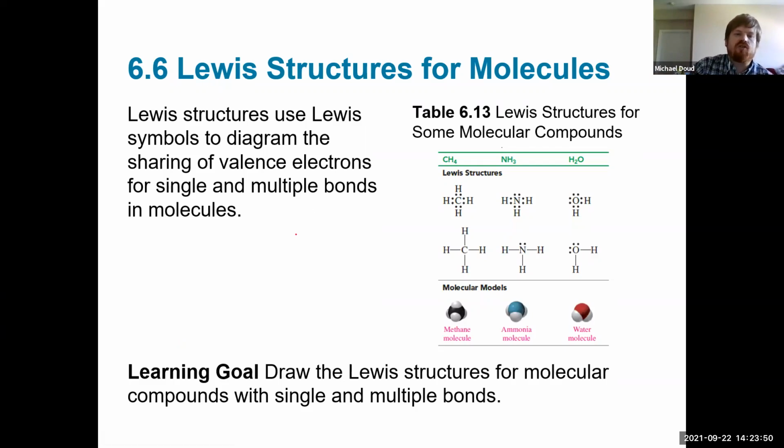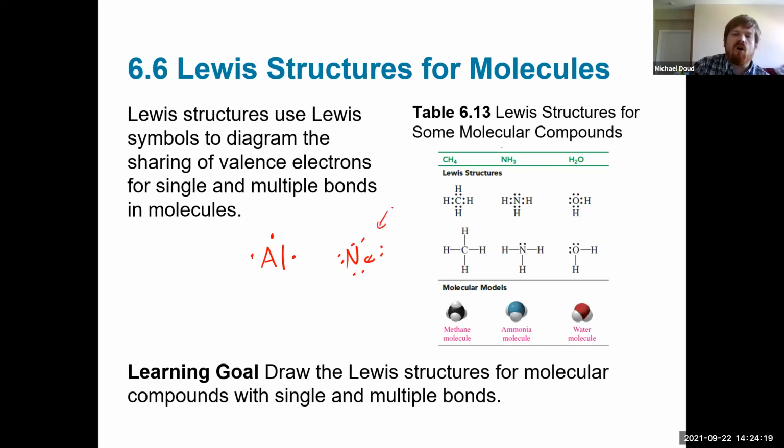So now we talked about Lewis structures briefly, Lewis dot structures, that is, when we were talking about valence electrons in the last chapter. So remember, we have aluminum at 3 valence electrons. So to draw the aluminum Lewis dot structure, we give it 1, 2, 3 dots. And that can go up all the way to, for example, neon, which has 8 valence electrons. So we give 1, 2, 3, 4, 5, 6, 7, 8.